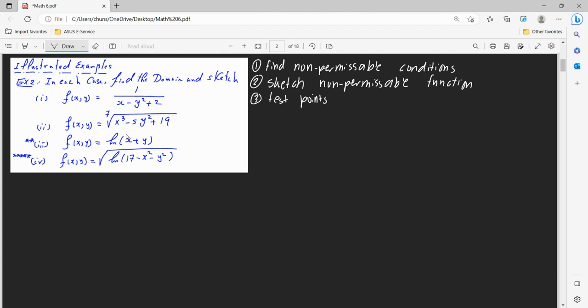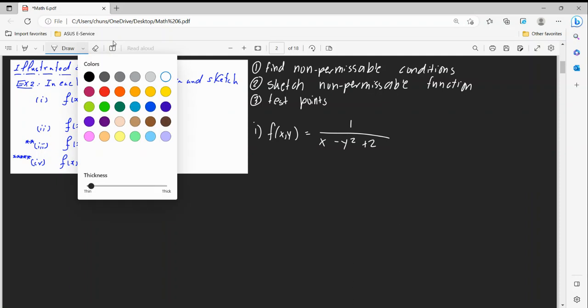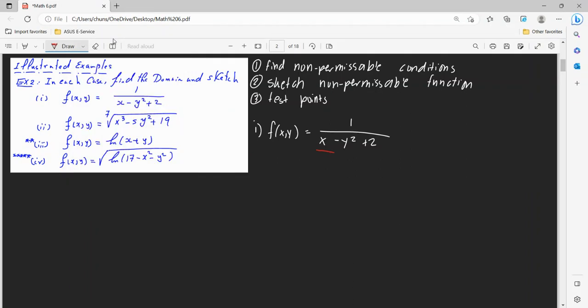Okay, so in our first example, we are given a function f of x and y equal to 1 over x minus y squared plus 2. So this is a 1 over situation, so this means that we don't want to have a 0 in our denominator.